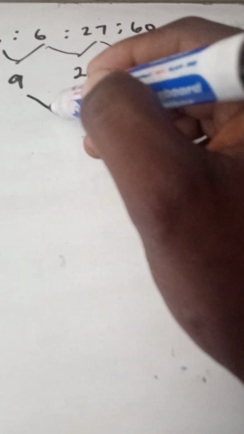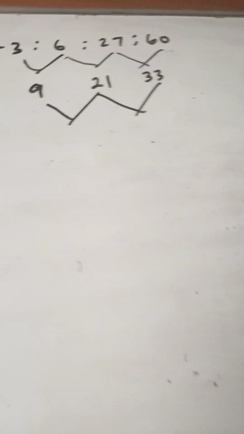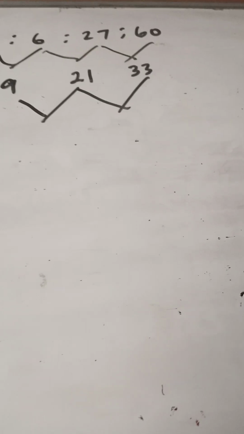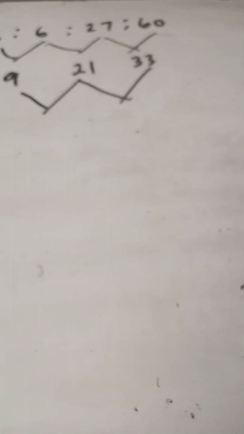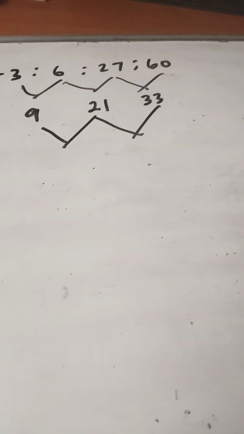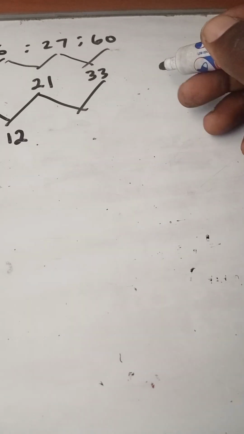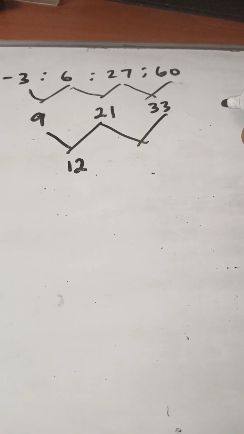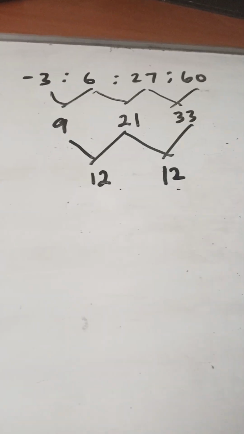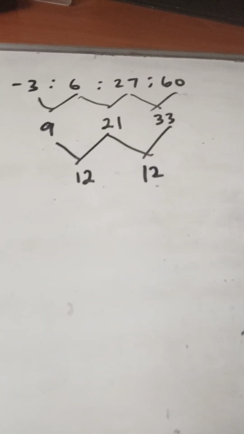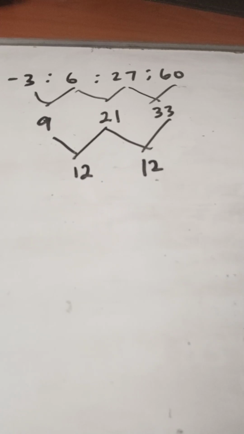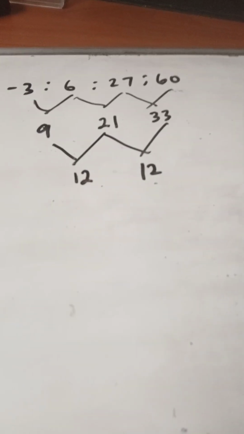So let's check the second difference. 21 minus 9 is 12. 33 minus 21 is also 12. So you see, a quadratic number pattern is a pattern with a second constant difference.